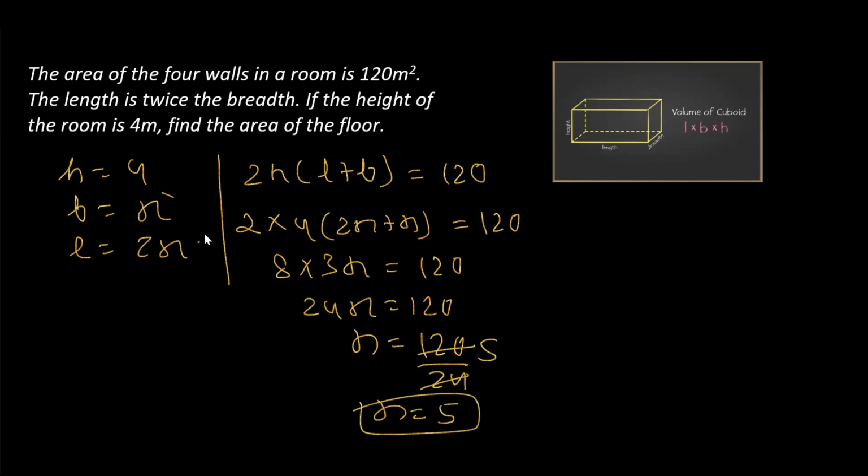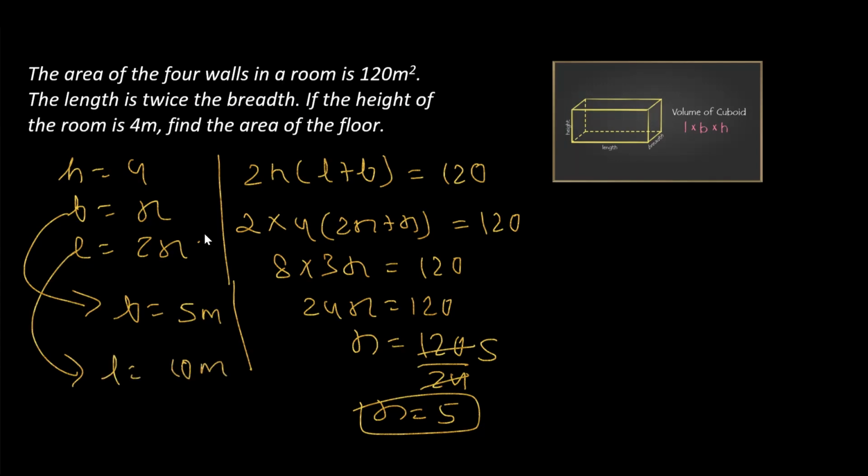Now if I plug in the value of x here, we get the breadth as x, which is, oh sorry, 5. So 5 meter. The length is 2 times x, and 2 times 5 is 10. That is 10 meter. Now, once we have the length and breadth, what we have to find out is the area of the floor.